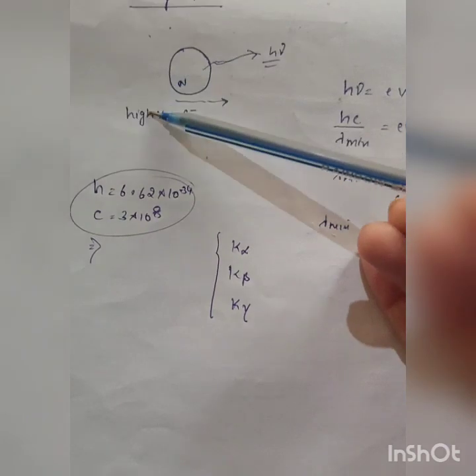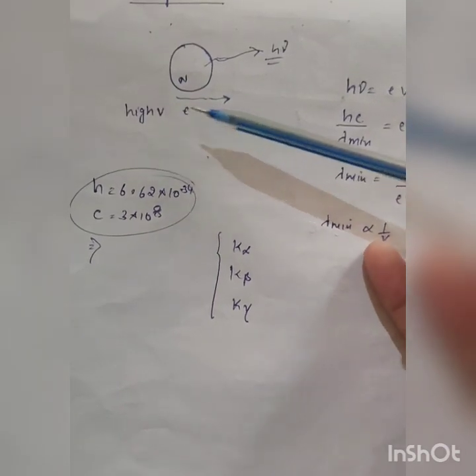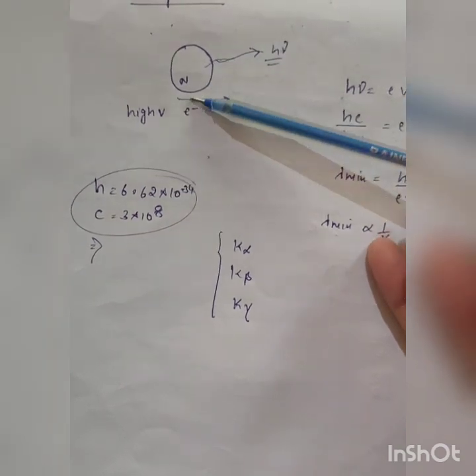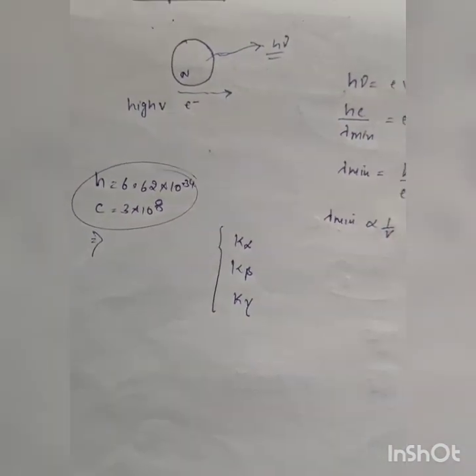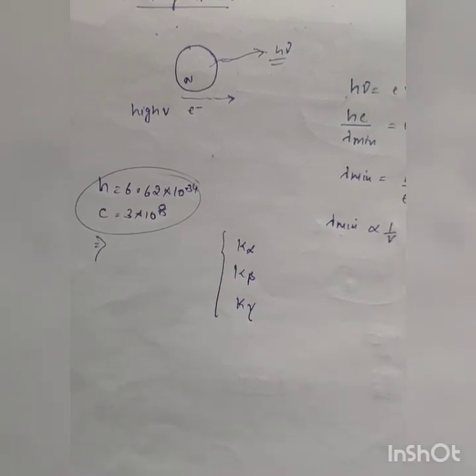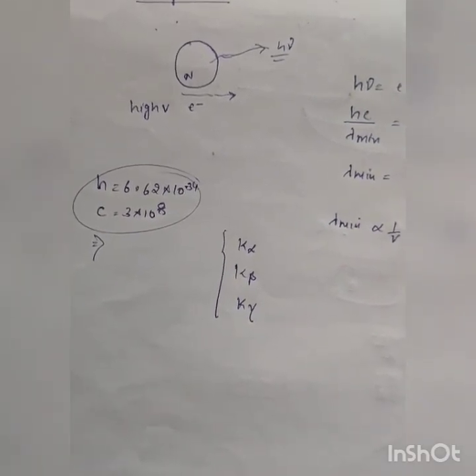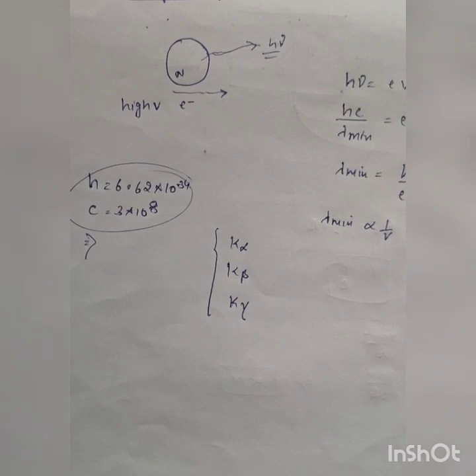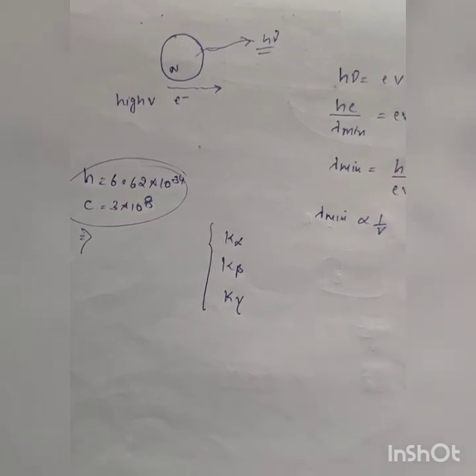When a high velocity electron passes by this nucleus, it is attracted by it and also suffers a deflection in its path. During its retardation, the electron emits a pulse of EM radiation in the form of X-ray.